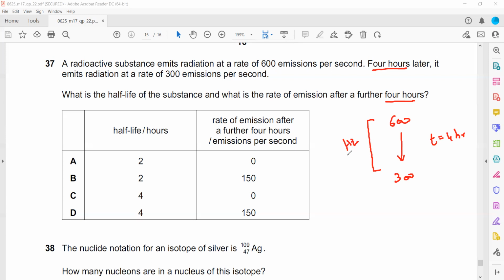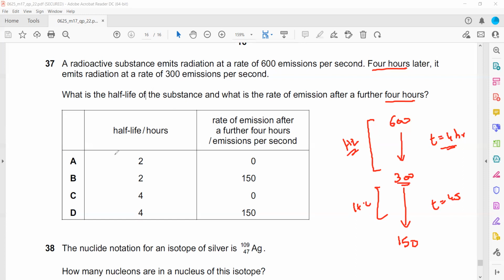So what is the half-life? The half-life is actually 4 hours, because after 4 hours it became half of its original value. Originally it was 600, now it becomes 300. Then they're asking what will be the radiation after a further 4 hours. That means after another half-life, what will be the amount? It will be half of this. So 300 will become 150.